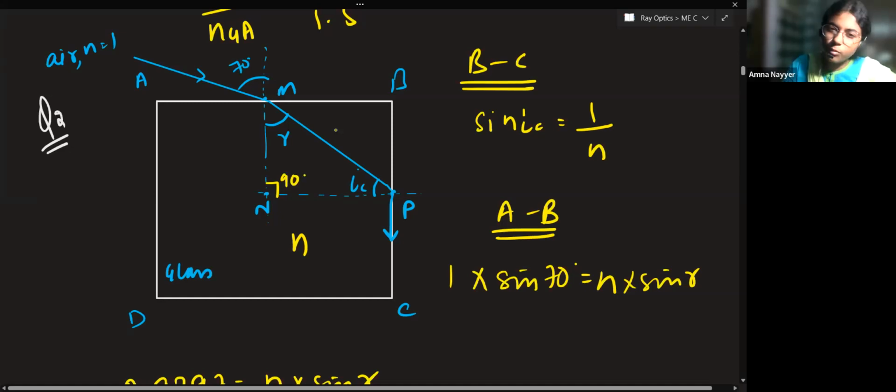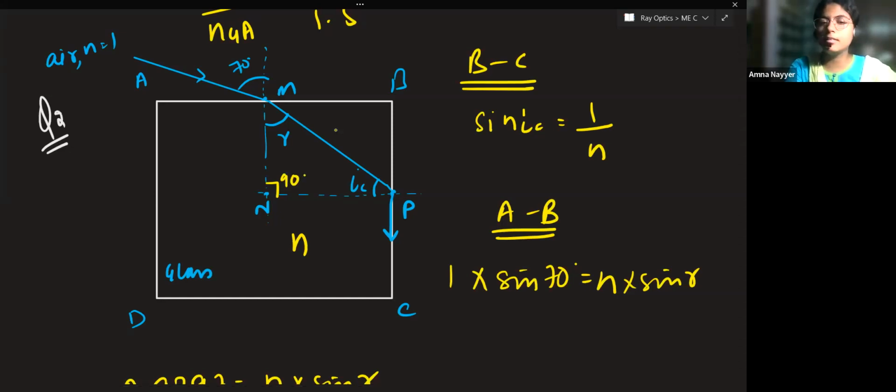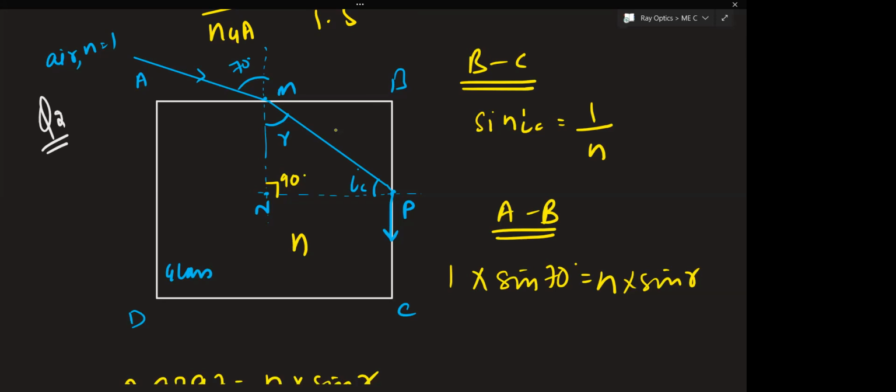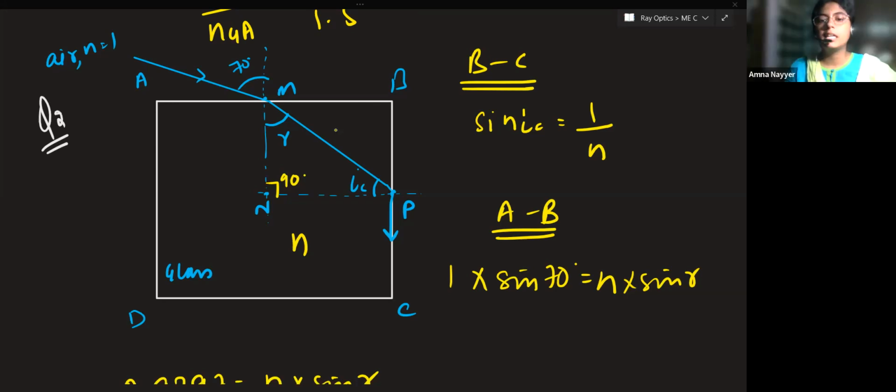Can you tell me what is the sum of these three angles? 180 degrees. Good, Fatima. Fatima is totally active in today's class. Yes, angle of refraction plus 90 degrees plus IC is 180 degrees.